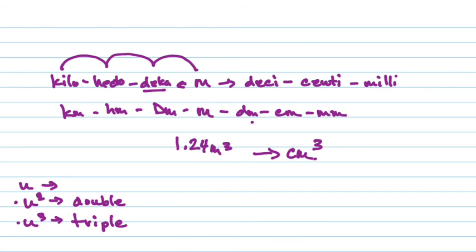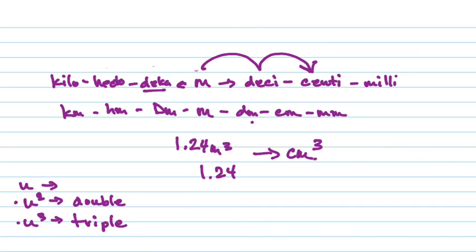Okay, so again, go to our chart, and we start at meters, and centimeters is how many jumps? 2 jumps to the right. So we pick 1.24, but since we're doing cubic units, it's not going to be 2 jumps, it's going to be 6. So 1, 2, 3, 4, 5, 6 puts the decimal there.